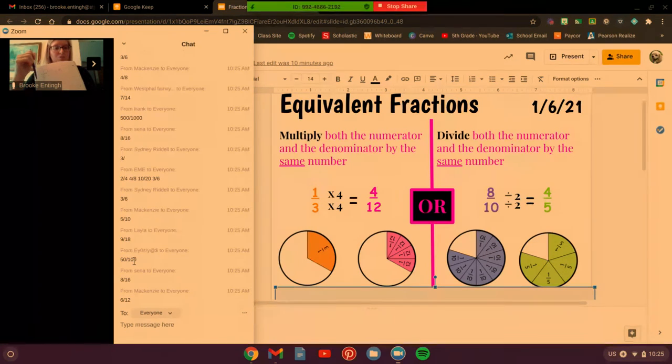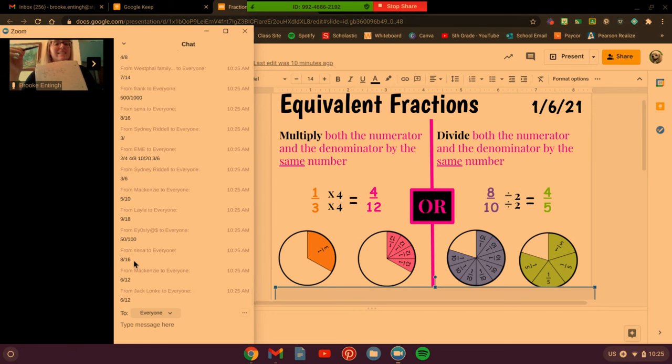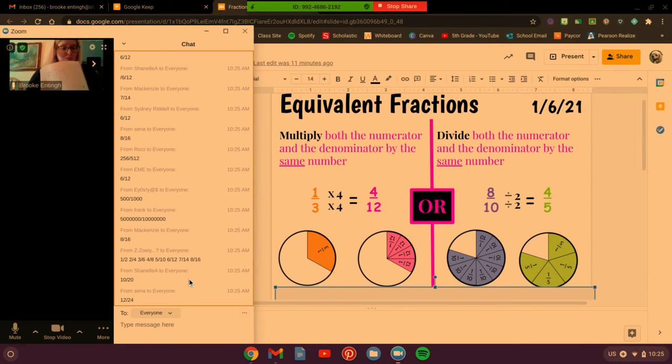I think I saw a 6/12. Yes, Mackenzie, 6/12. 6 is half of 12, so that works. Now, if you put 8/16, that works. I see 9/18, 5/10, 3/6, 7/14, 256 over 512, 10 over 20, 12 over 24.